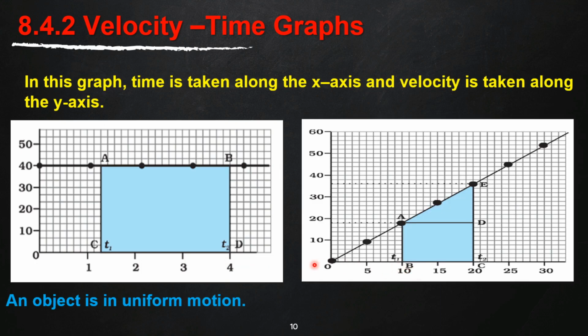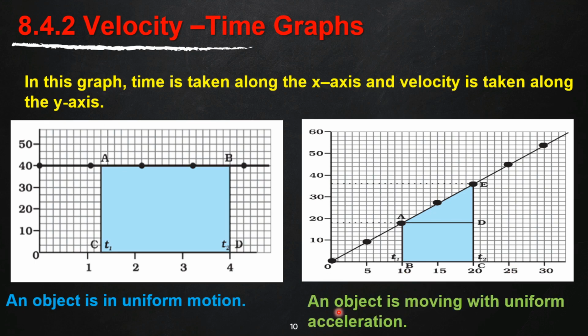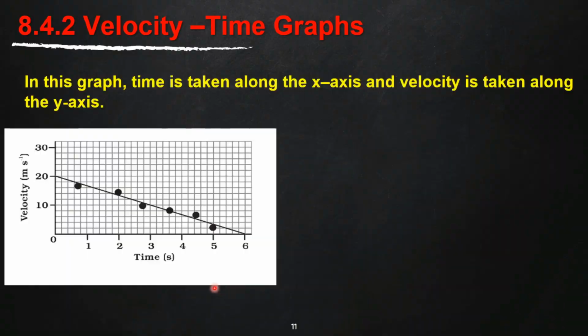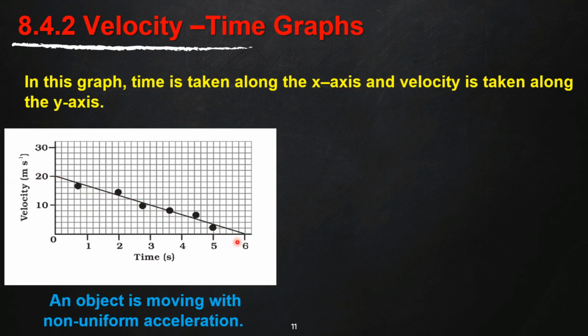In the next graph, the velocity is increasing with respect to time. This type of graph represents an object moving with uniform acceleration. Velocity is increasing with time. In the next type of graph, the velocity is continuously decreasing.